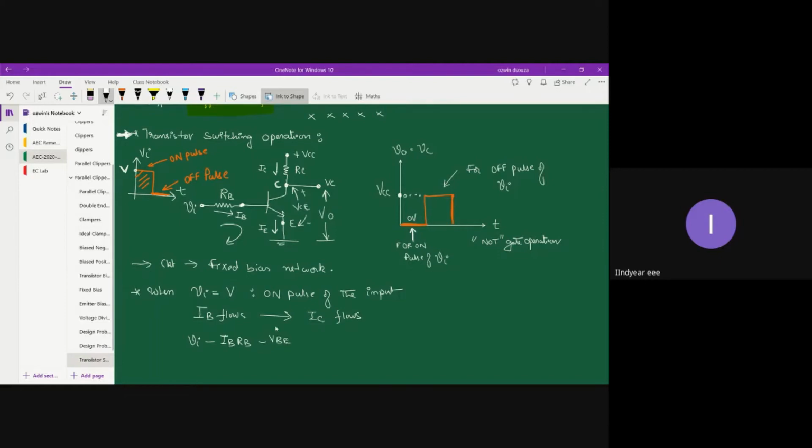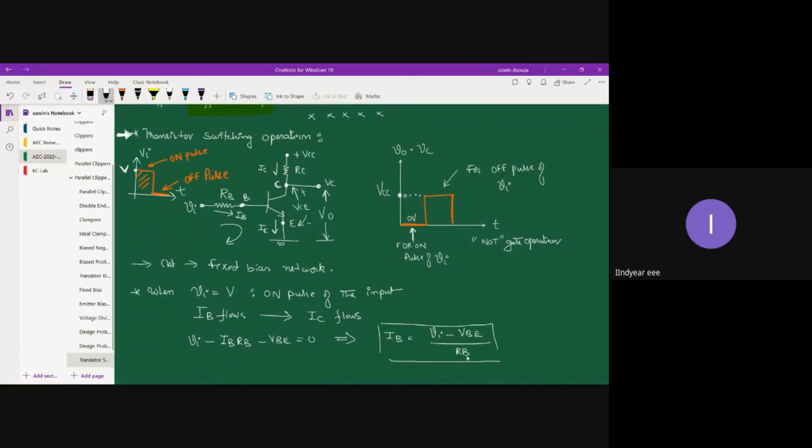I haven't shown it, but you understand there will be a terminal voltage between base and emitter terminal. So minus VBE is equal to 0. That implies your base current IB is equal to the difference in potential, that is Vi minus VBE, divided by the resistance RB. So that's your base current. This is equation 1.